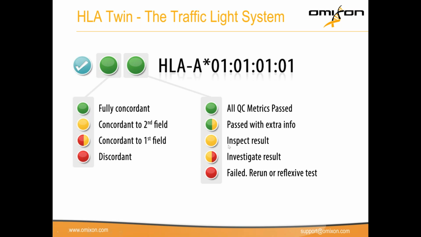Then if the QC metric traffic light is yellow, it means you need to inspect. If it's half red, investigate, meaning go through the gene browser, check the sequences. If it's red, then it means that it potentially failed. You would either have to rerun or maybe reanalyze with more reads.